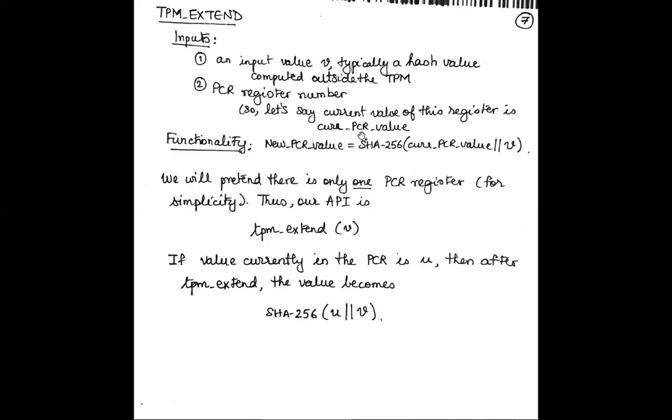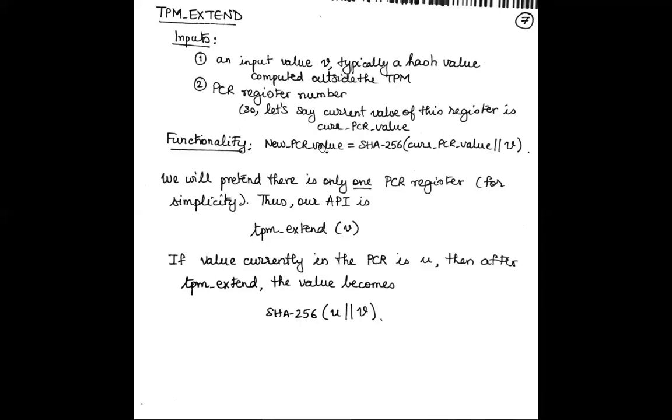For this lecture, we will think about the hash function as SHA-256, although I believe even this has been upgraded to SHA-512, doesn't really matter. You concatenate the current PCR value with the input value provided, and you take a SHA hash of this. That result becomes the new PCR value.